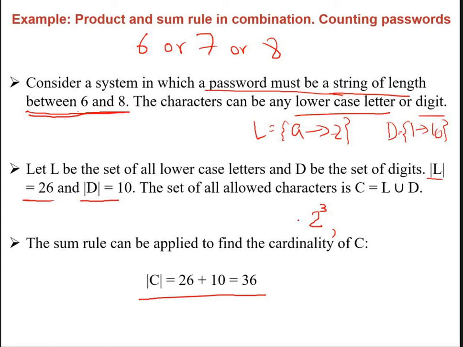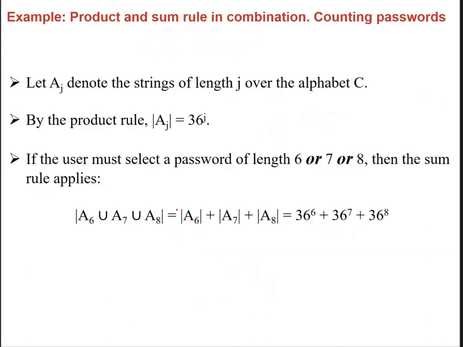For 2 digits, the possibilities are 2 to the 3 for strings of length 3, 2 to the 4 for strings of length 4, and so on. Now you have 36 characters, the A to Z and then the digits.